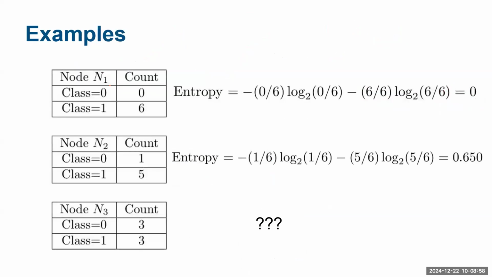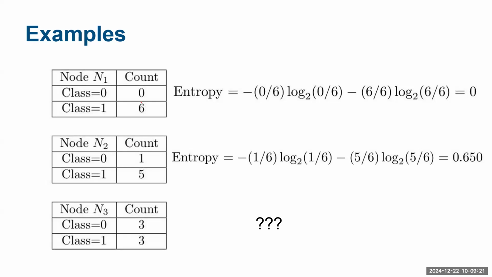So let's try this one. We have class 0 and class 1. Let's say I have 3 different splits: the first split is N1, the second is N2, the third is N3. And these are the distributions that I have.